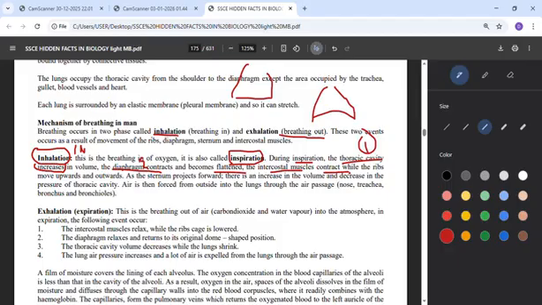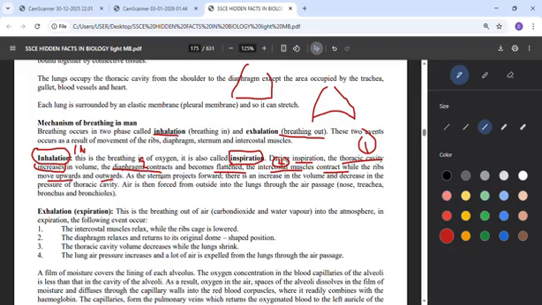It's like trying to inflate a balloon, so there must be a contraction, while the ribs move upwards and outwards. These are the things that happen during inhalation. The thoracic cavity increases, the diaphragm contracts and becomes flat, and the intercostal muscles contract while the ribs move upwards and outwards.